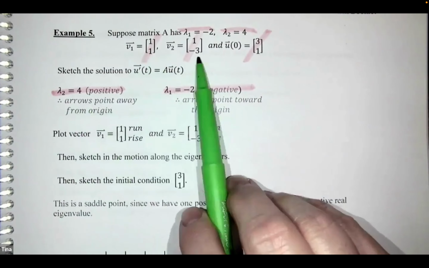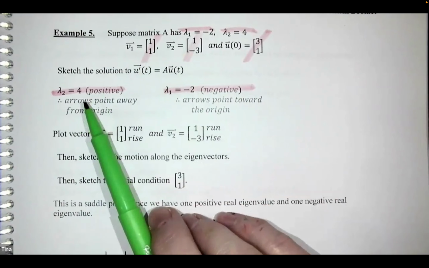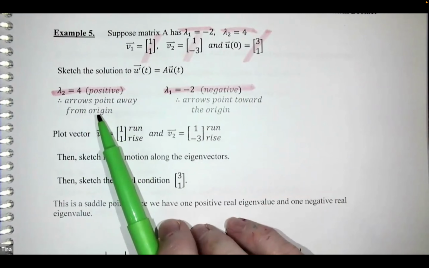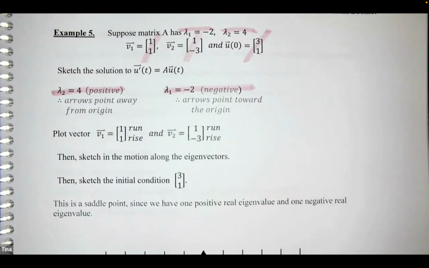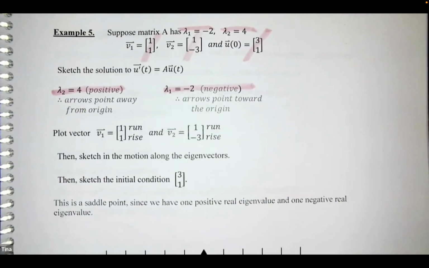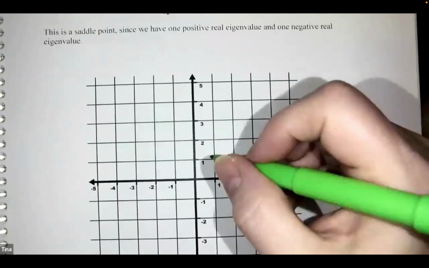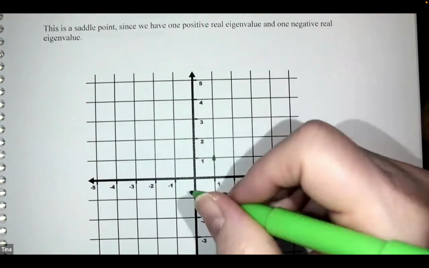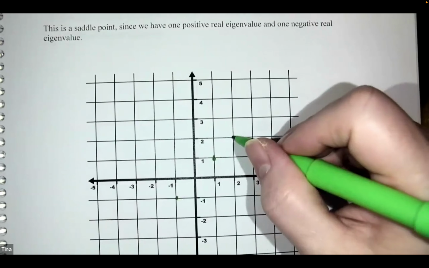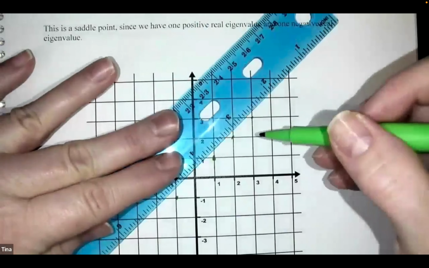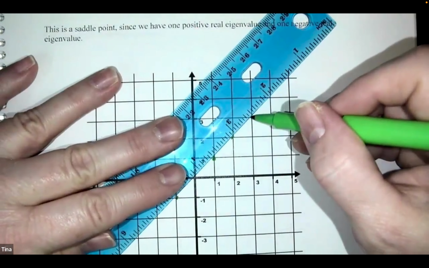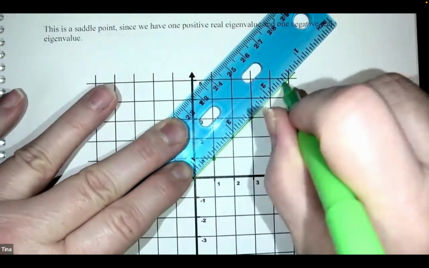So basically, if we plot these two vectors, if it's positive, the arrows are going to go away from the origin, and negative, the arrows are going to point towards the origin. So if we draw the vector 1, 1, so over 1, up 1, so it's going to go 1, 1, 2, 2. Draw some of those in just to get a better line.